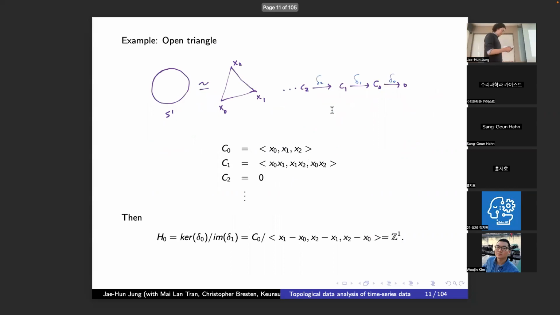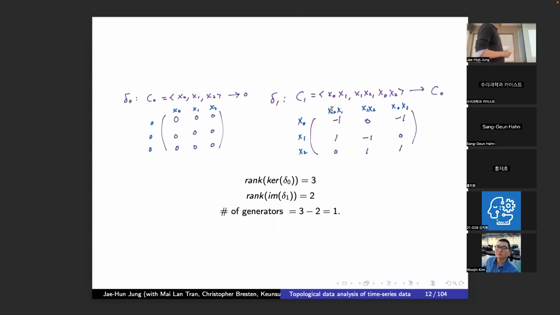However, if you have more than 3 points, for example, 4 points, 5 points, then what do we do? We expand this matrix. Whenever you have a new simplex, you add this component in this matrix. So as your algorithm goes on, this matrix is getting bigger and bigger.